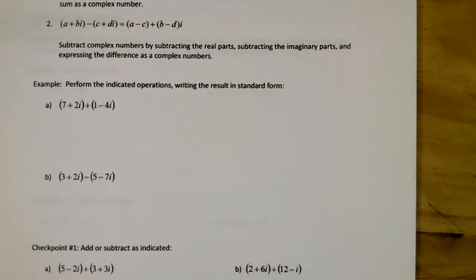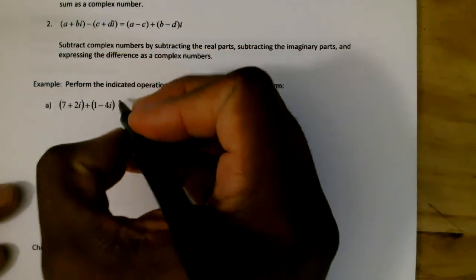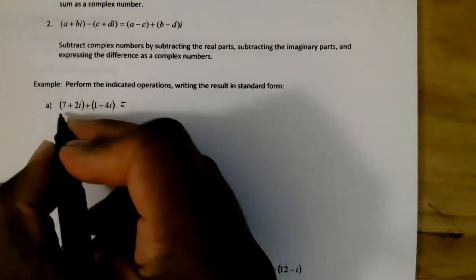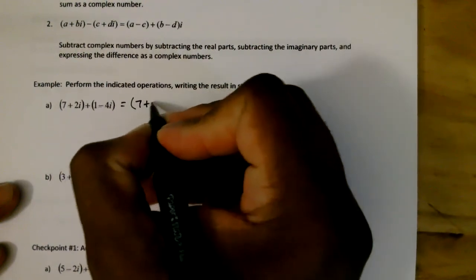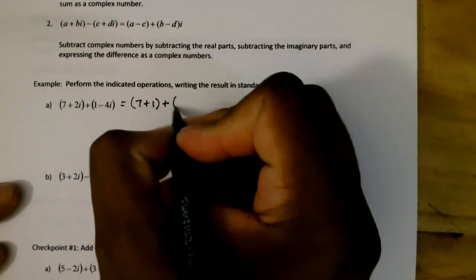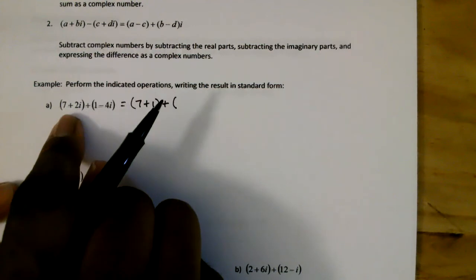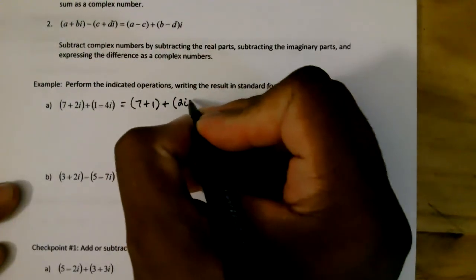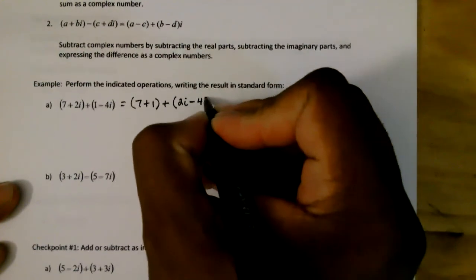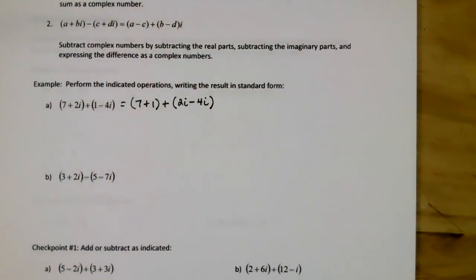Like 7 plus 2i plus 1 minus 4i. The way we do that, we'll add the real parts together, 7 plus 1, plus the imaginary parts, which are 2i minus 4i, or you can think of that as 2i plus negative 4i.